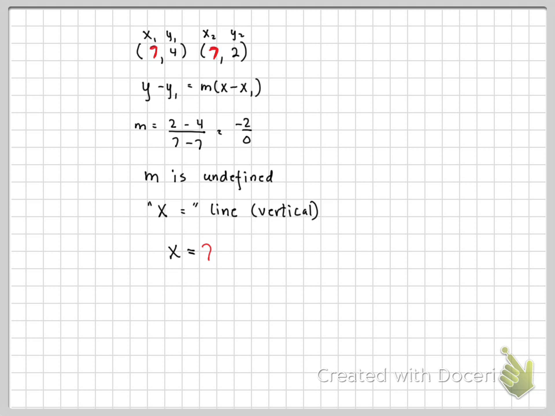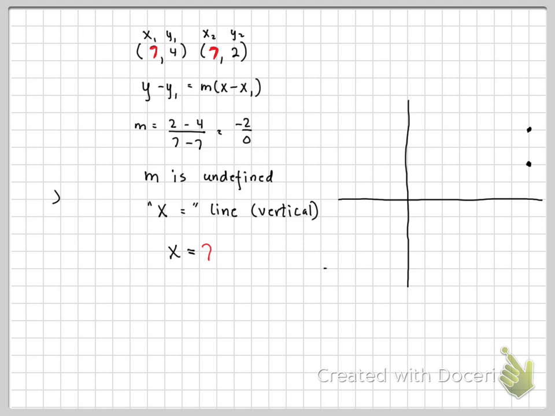So let's look at that graphically. Okay, the first coordinate, 7, 4, is right there, and then 7, 2 is right there.